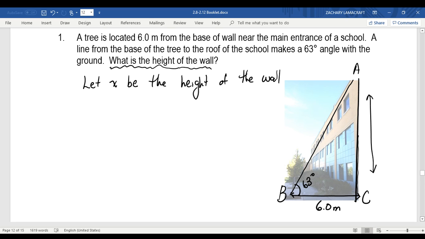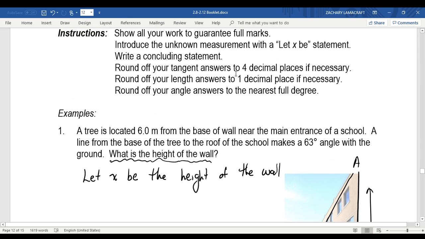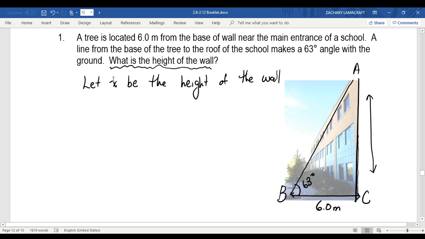Always have that statement. And if we wanted to check it off our list, boom, introduced the unknown measure with a let x be. In this case, I could just put an x right there, or on the outside of it. And that just shows us that's what we're trying to find.